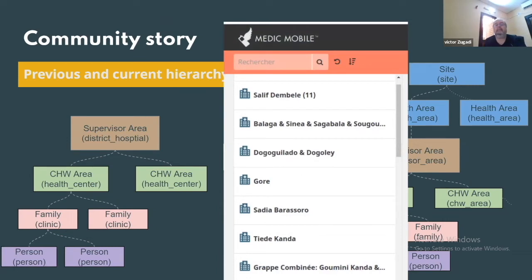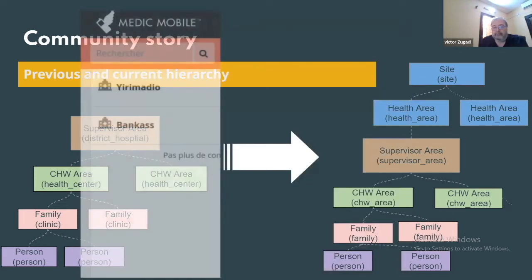Yes, this is what we see connected as an admin in the old hierarchy, all the supervisor areas all together. Instead of this, in the new hierarchy, we have the site level. Click, please, Anthony, again. Twice.